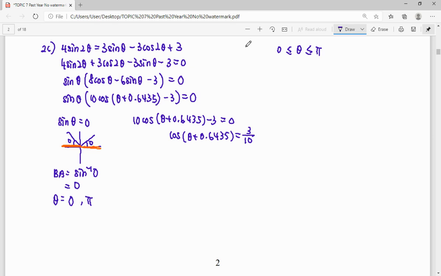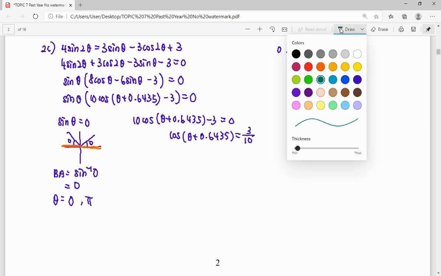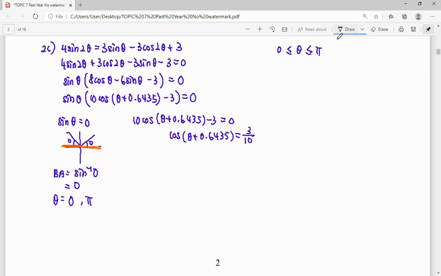Then we continue for the second part, which is our second solution. The angle range is different, so we have to restart.